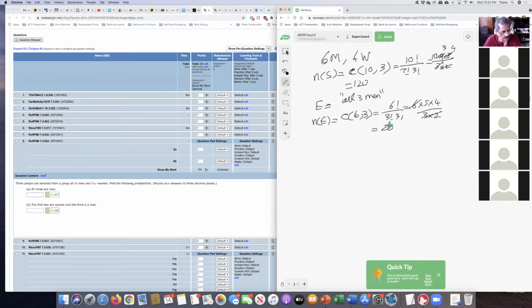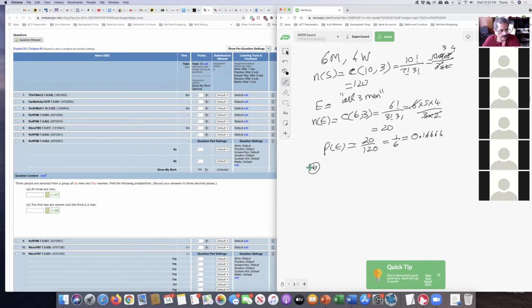So the probability for E is 20 over 120, equal to 1 over 6, which is equal to 0.16666.